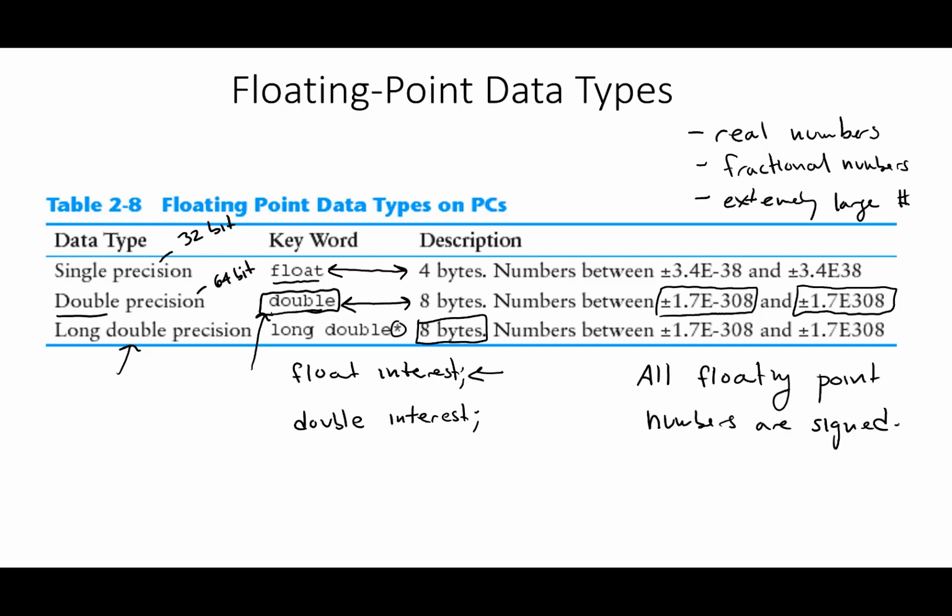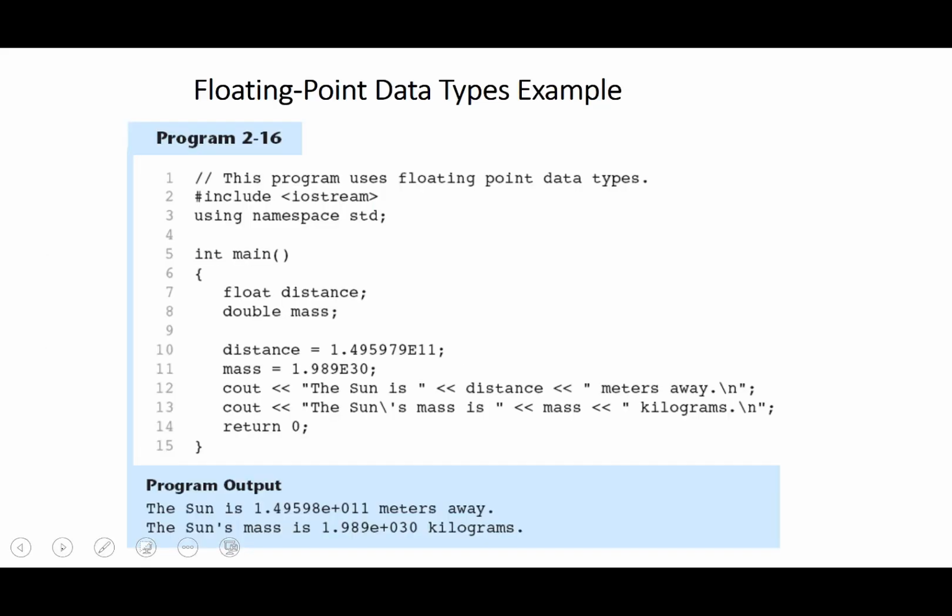With floating point, remember the first bit is either a 0 or a 1, and that determines whether the number is positive or negative. That's a little bit different from the integers, because with integers we could pick if it was signed or unsigned.